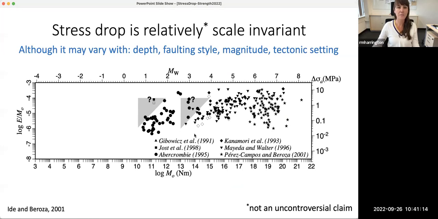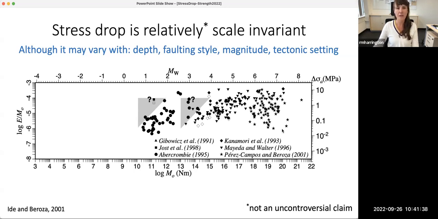Okay, so if we empirically look at some data, we can say by and large that we think that stress drop is relatively scale invariant, that this relationship holds. There are different studies which say that it may vary according to depth, faulting style, magnitude, or tectonic setting.